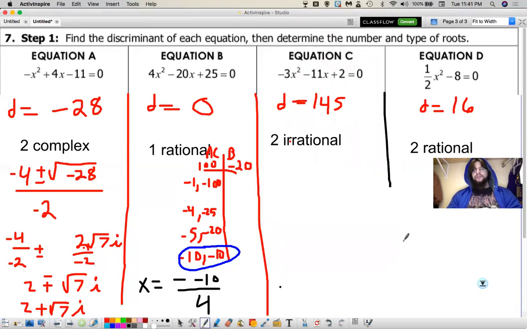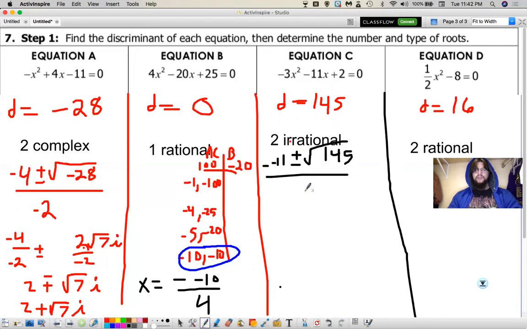Next is irrational, so quadratic formula. That's going to be -11 plus or minus square root of 145. That doesn't simplify at all. Over -3 times 2 is -6. Split it. That's positive 11 over -6 is -11/6.